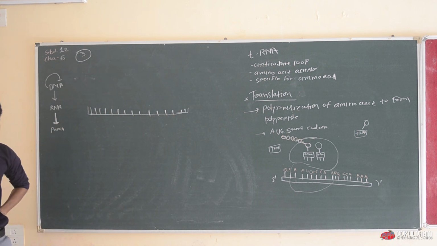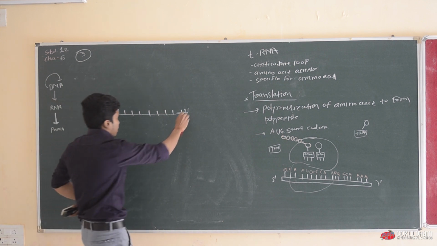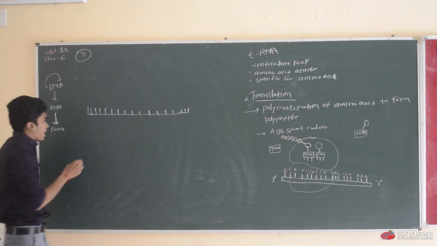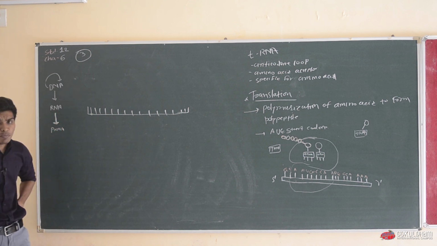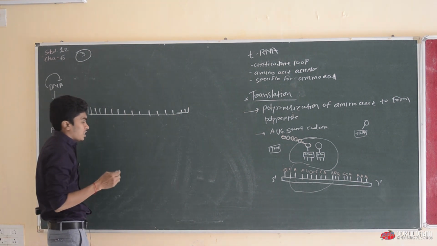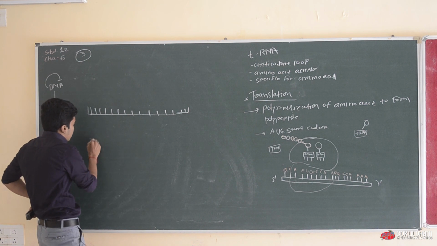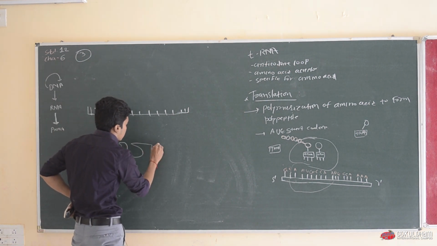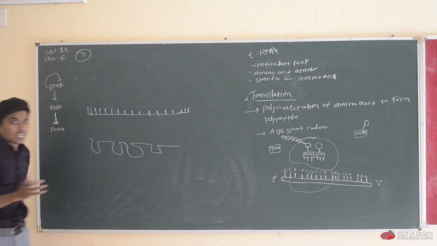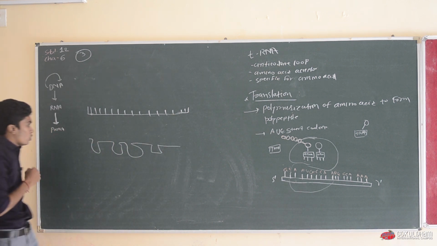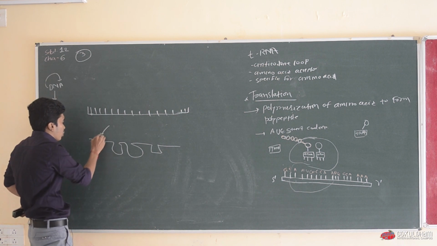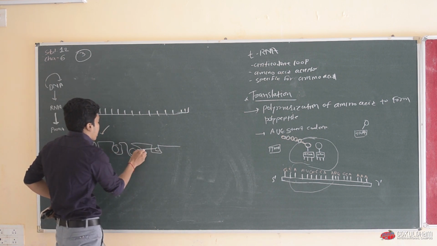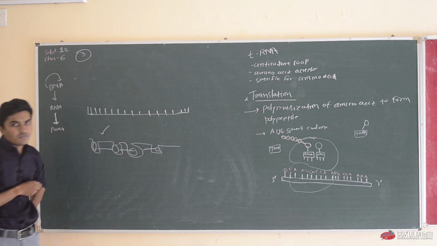Some scientists said that this mRNA has particular packages for each amino acid, so like this an amino acid will bind here, this here, and a peptide bond will form between them.